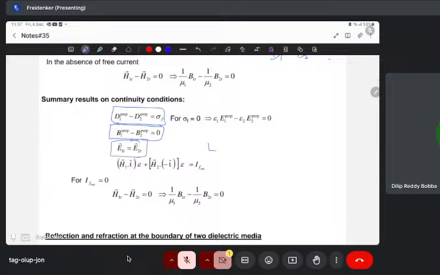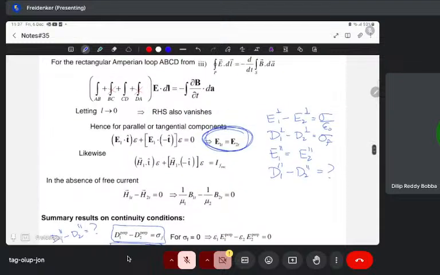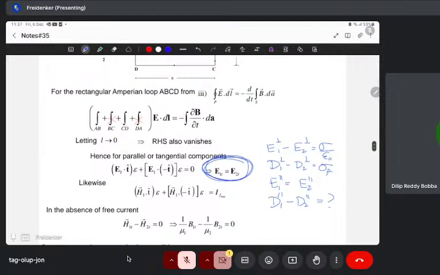Perpendicular components differ by sigma by epsilon. Check what happens to the parallel components. This is interesting because they're not telling me what T bar is. They're telling for parallel or tangential components, this is happening.